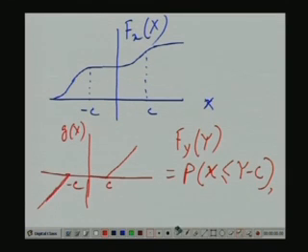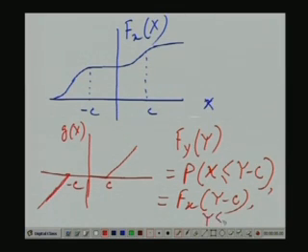This is nothing but f x of y minus c. Okay. This is for y less than 0. For y less than 0, this is the thing. But what happens when y is greater than 0? That time, again I redraw these figures, so that I do not have to go back to the previous page.